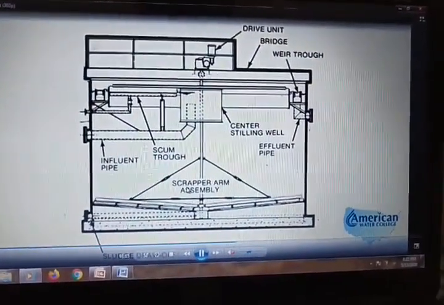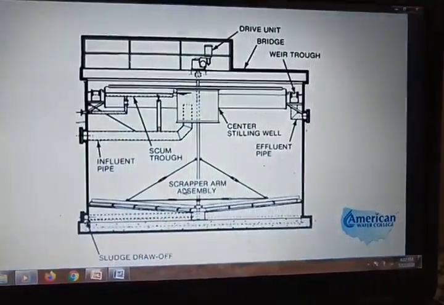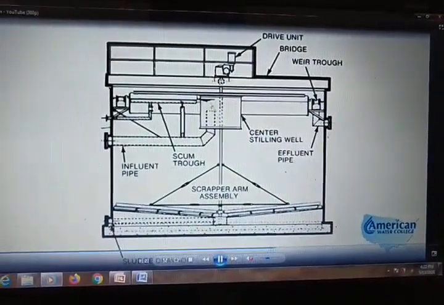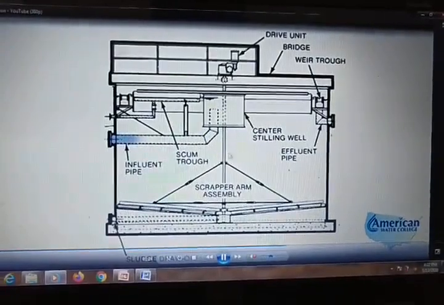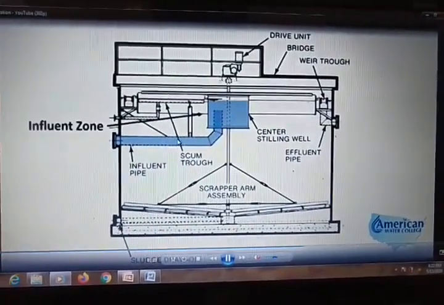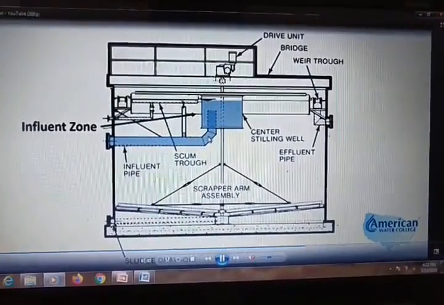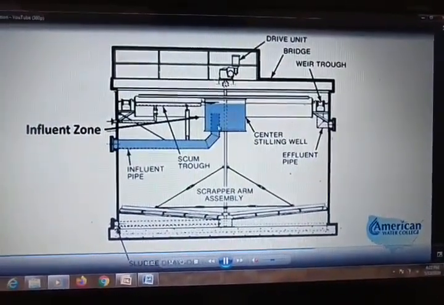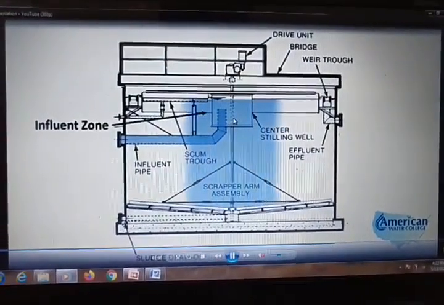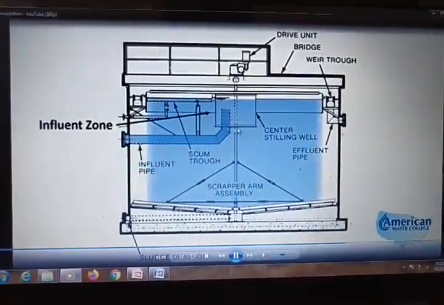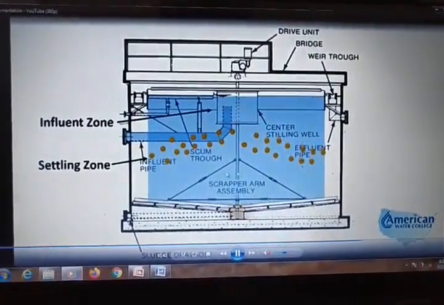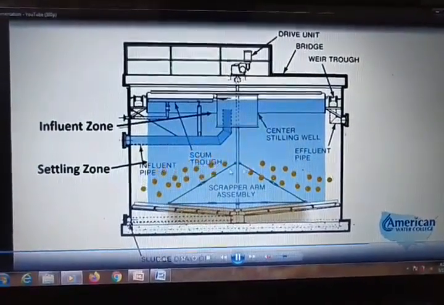Okay, so now let us analyze the sedimentation tank with different parts. This is a circular sedimentation tank, and you can see the water entering the influent zone into this central stilling well. Like what I told you, there could be some velocity reducing devices. So this is the inlet zone in a circular sedimentation tank, and from this the water is allowed into the settling zone.